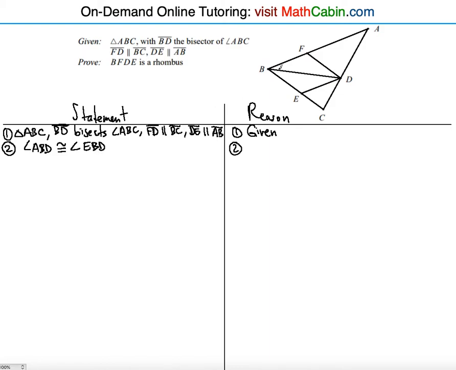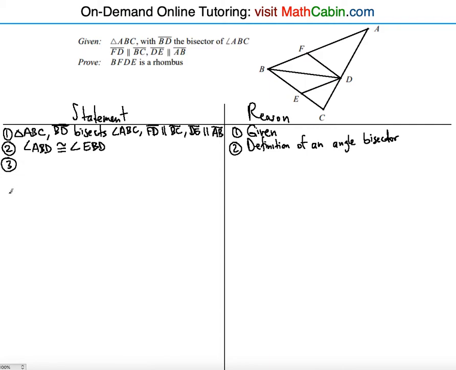Basically these two are congruent. And the reason being is, of course, the definition of an angle bisector.